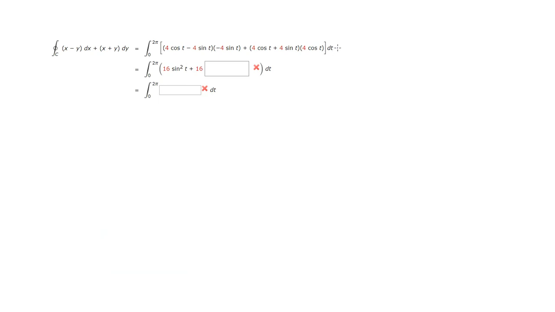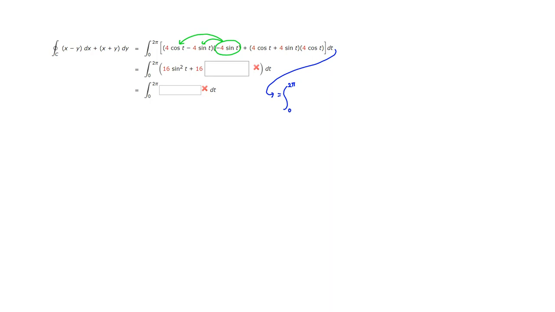So let's fill in the detail. I'm going to go down here so that I have more room. It's an integral from 0 to 2 pi. Then I'm going to distribute this to each term.